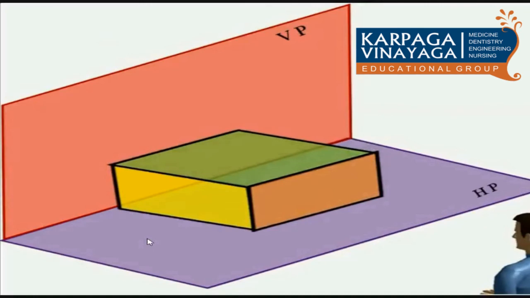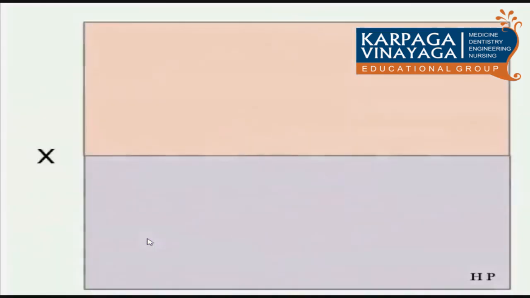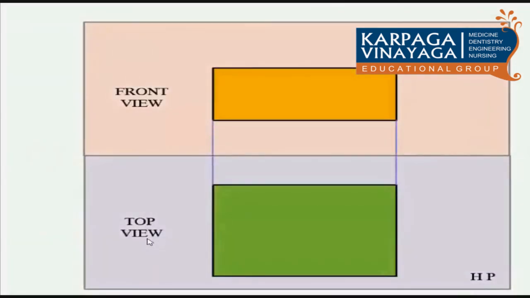The invisible plane is rotated clockwise 90 degrees. After rotating, HP comes below the reference plane XY. Both planes are then visible. See, the front view comes above the reference plane, that is VP. The top view comes below the reference plane, HP.